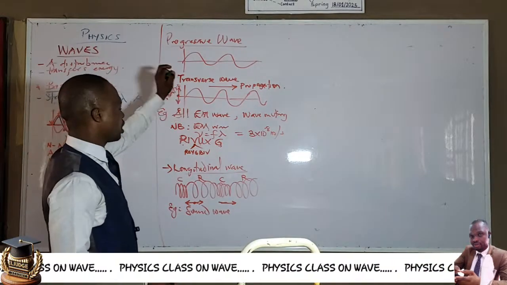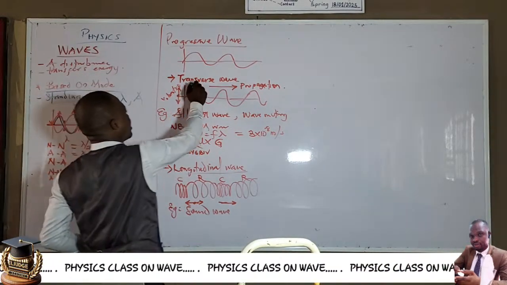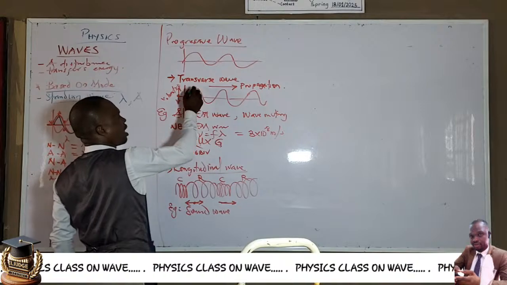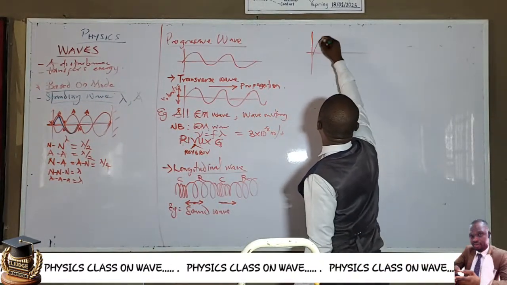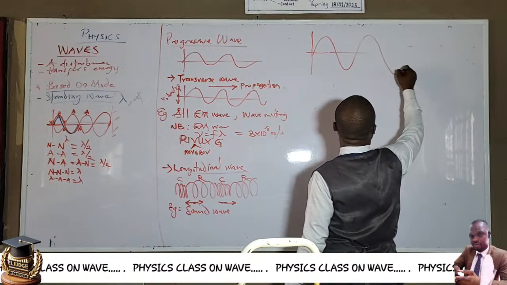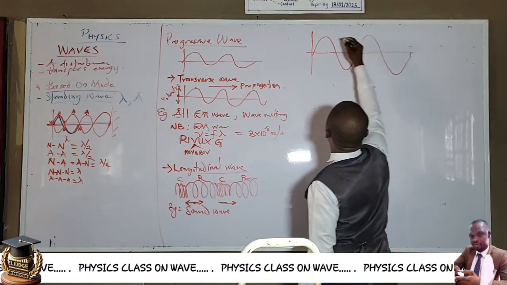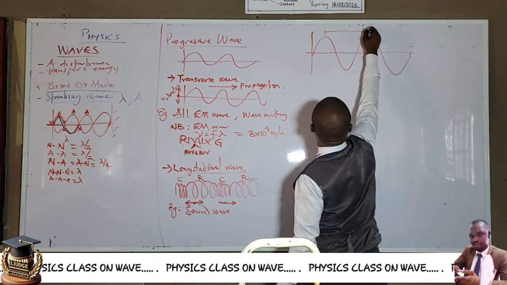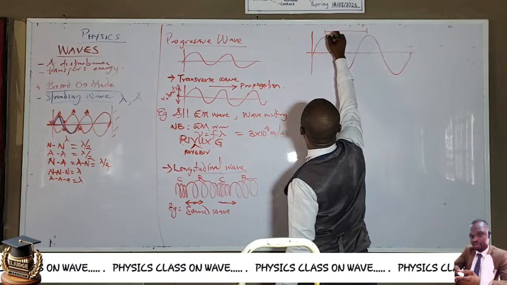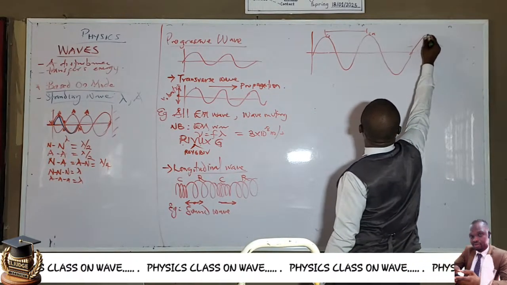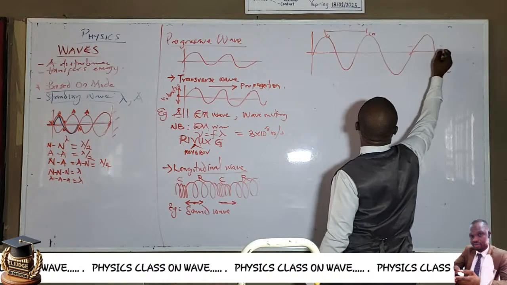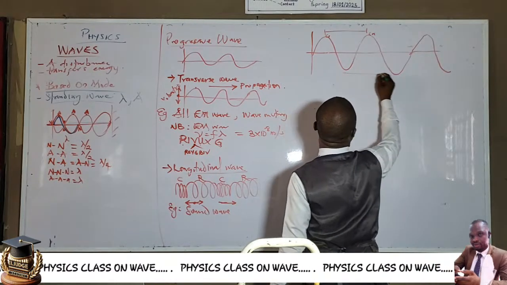Now also note in this transverse wave, we call some areas, this area, the distance between this is a crest, this is a crest, this is another crest, trough to trough.